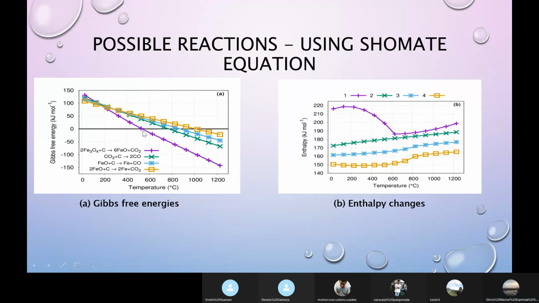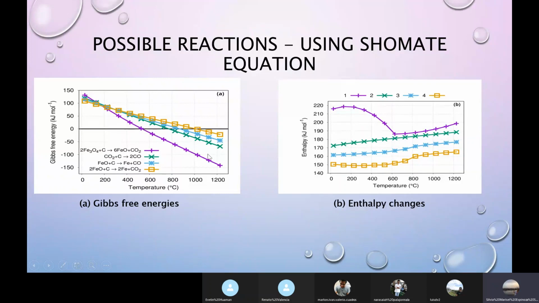Magnetite is at about 500 Celsius. The second reaction, wustite, is around 800 Celsius. Here the Gibbs free energy becomes negative, okay?